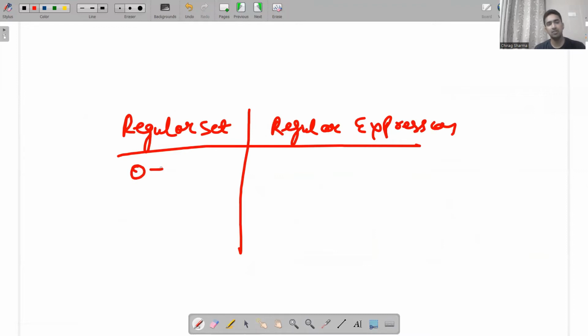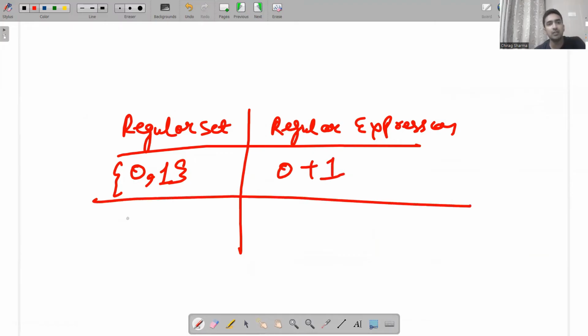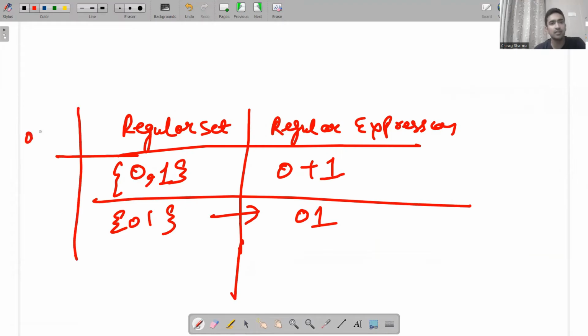If I'm writing 0 comma 1, it means either 0 or 1. This is my regular set. So what will be my regular expression? It would be 0 plus 1. If I'm writing a regular set as 01, its regular expression would be 01 only. So this is operation.